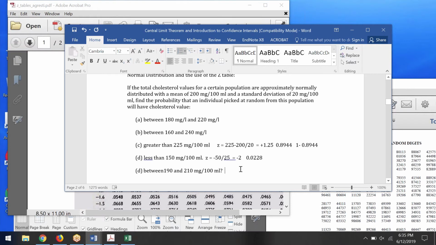Well, I'm going to start with 210. The z-score for 210 is equal to 210 minus 200 over 20, I think 20, right? Okay, so that's going to be equal to plus 0.5. So what area does that represent?